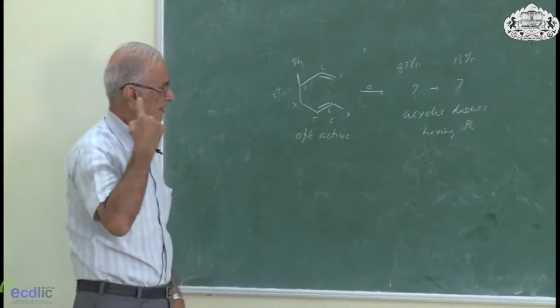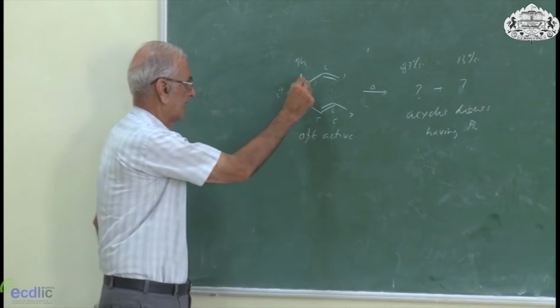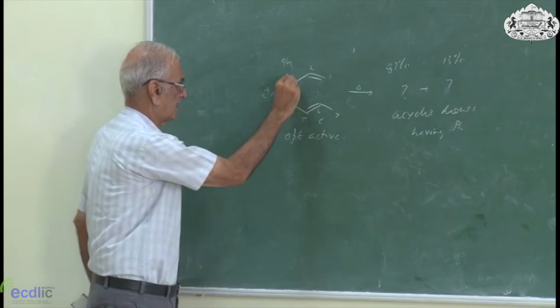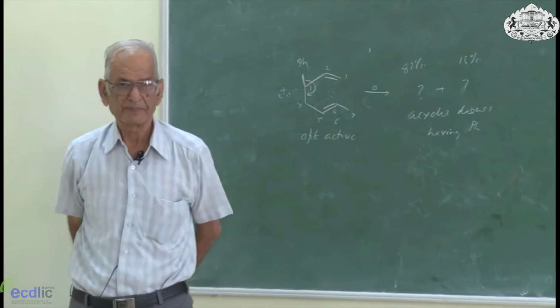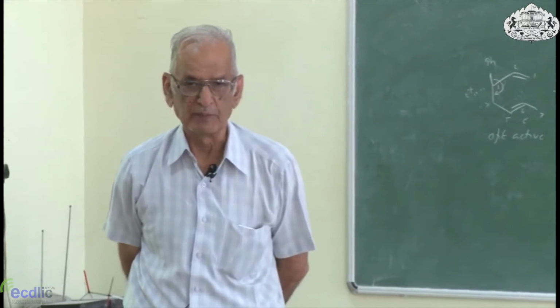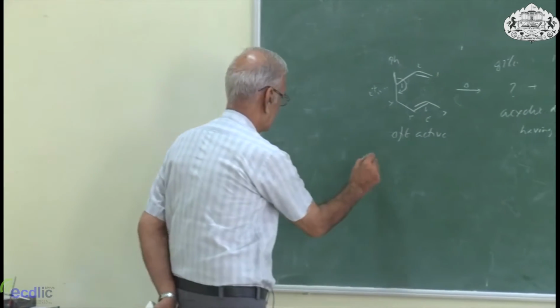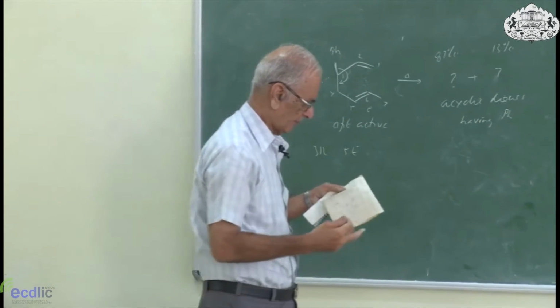So, carbon number 3: phenyl group is first, this is second, this is third. This strikes a clockwise direction, ethyl is below, therefore, that is your 3R, 5E. Okay.